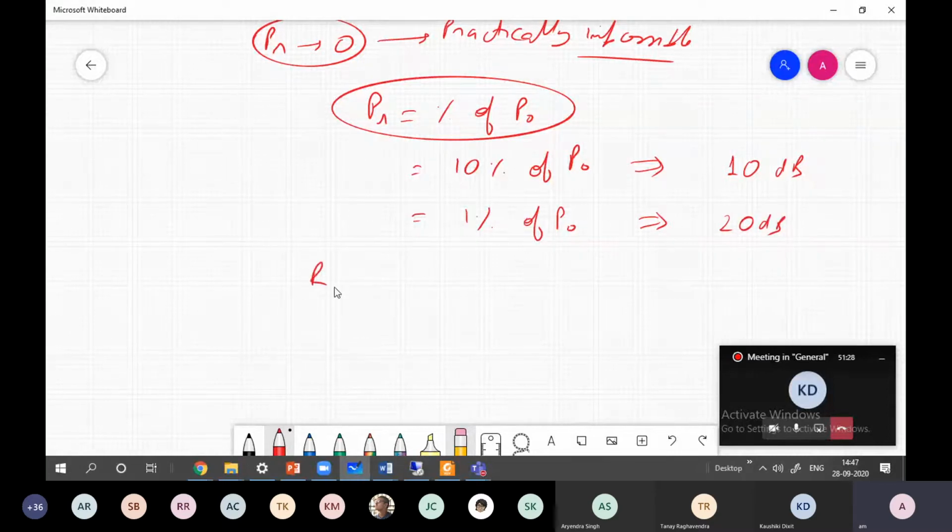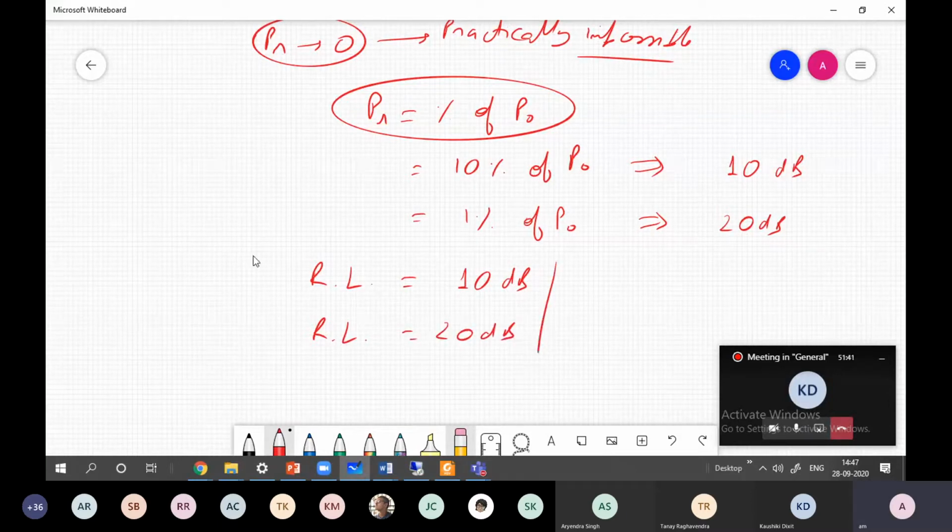That is called return loss. As the loss term is already there, we speak of return loss of 10 dB, return loss of 20 dB. And if I plot it, this will be S11.